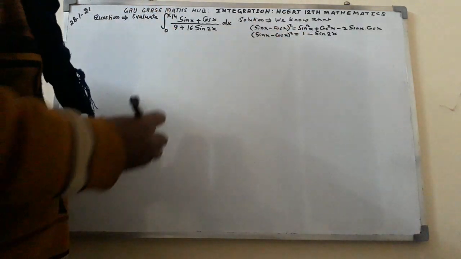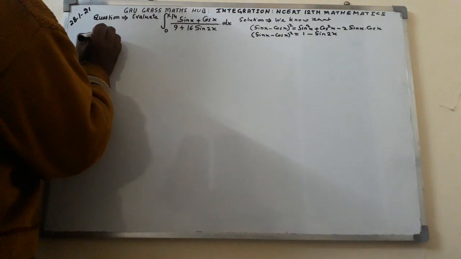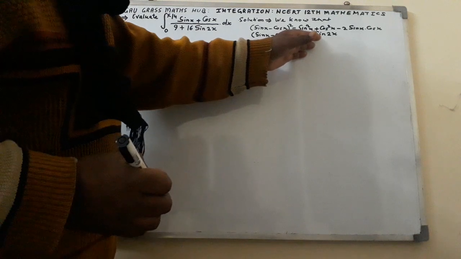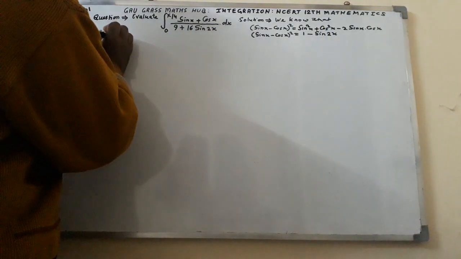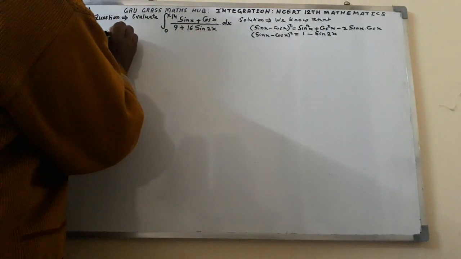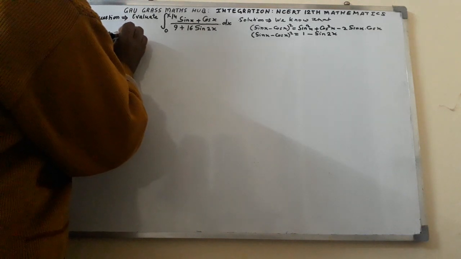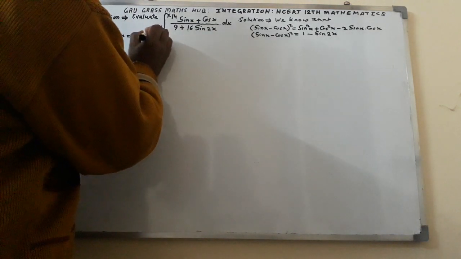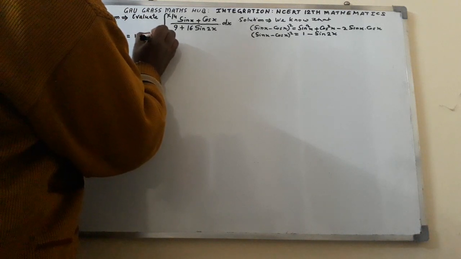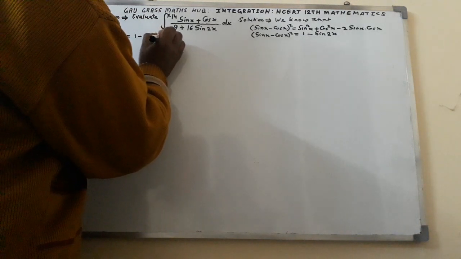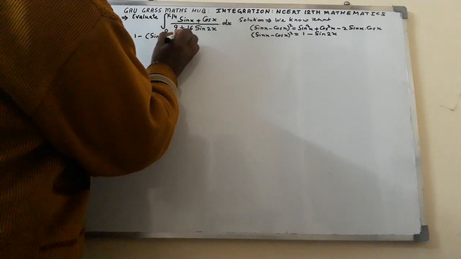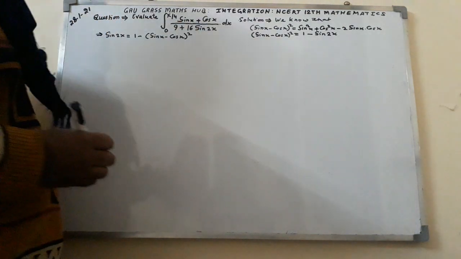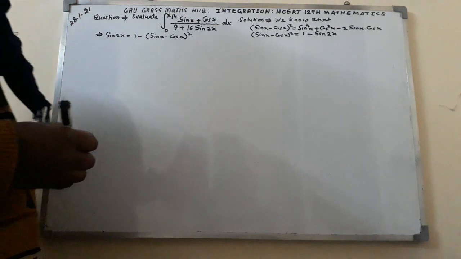This thing we have got. Again I can write very well that sin 2x is equal to 1 minus, in bracket, (sin x minus cos x) whole square.